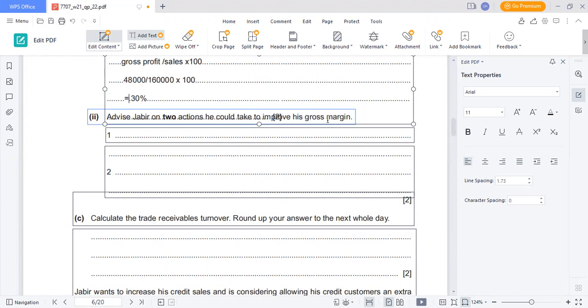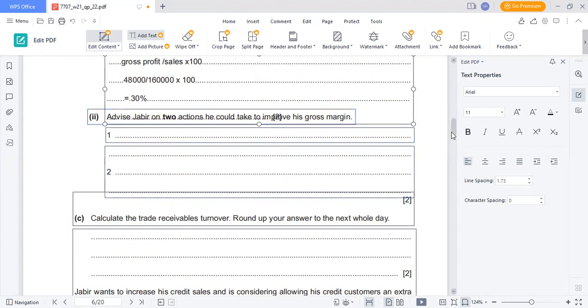If he obtains cheaper supplies or trade discounts from the suppliers, or buys from cheaper suppliers, he'll be able to reduce his cost and increase the gross profit.